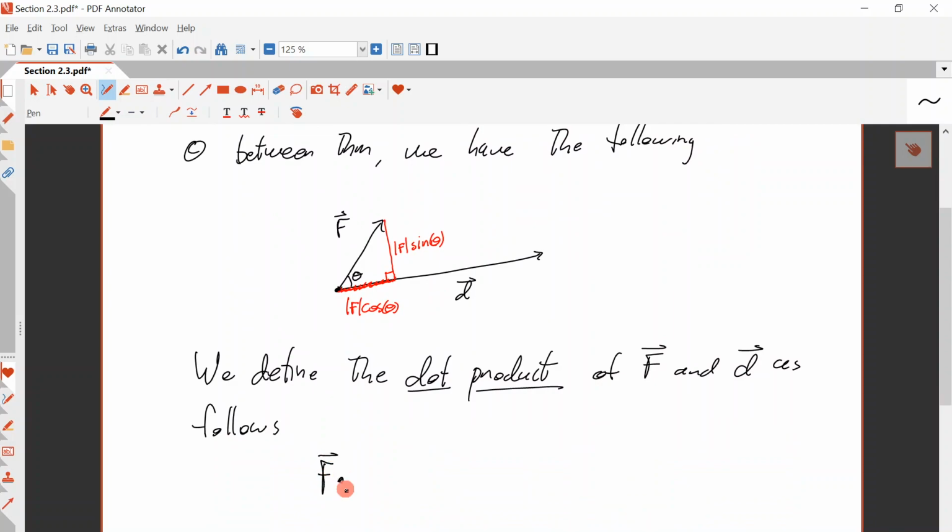F dot D is equal to the length of D times the length of F cosine theta. So it's this red length here times the length of D itself. Okay, that is the dot product.